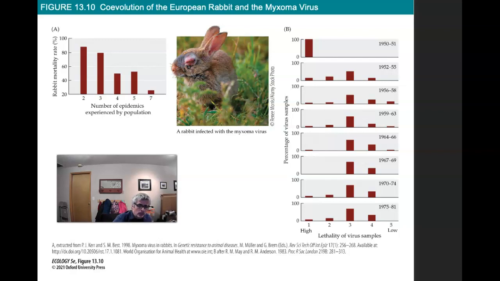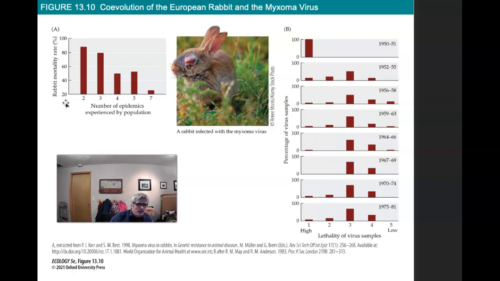And so we can look at the rabbit mortality rate, 100% being 100% mortality, and then the number of epidemics experienced by the population. And so if you have a population that's experienced 7 epidemics, the mortality rate within that population is quite low.